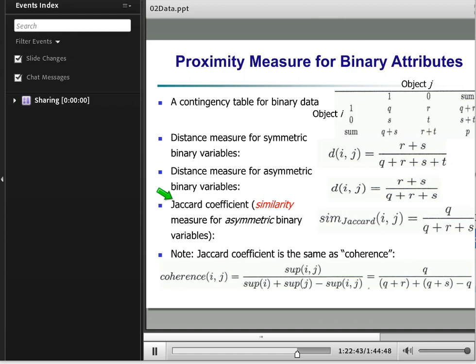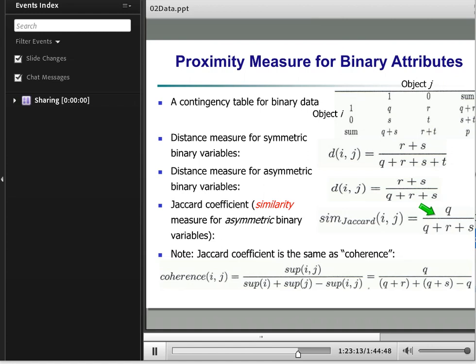There is another proximity measure too. We call it the Jaccard coefficient. The Jaccard coefficient is another proximity measure to find similarity or dissimilarity between two items. The Jaccard measure is defined in this way.